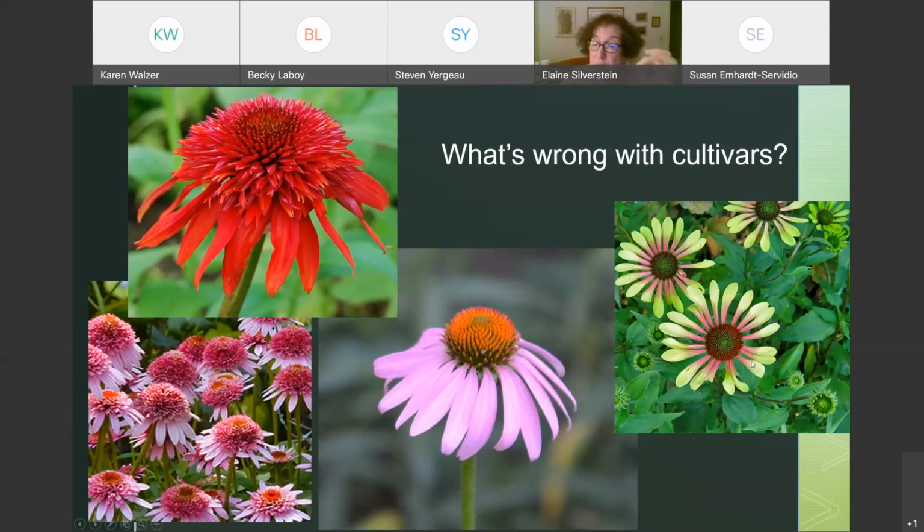We very often don't know what they're looking for, but we know that they're looking for this. We don't know exactly what the clues are all the time, but they're not looking for this. So I would encourage you to plant species, and particularly don't plant cultivars that change the flower. Double flowered plants are very often sterile. Don't plant cultivars that change the flower or that change the leaf color.